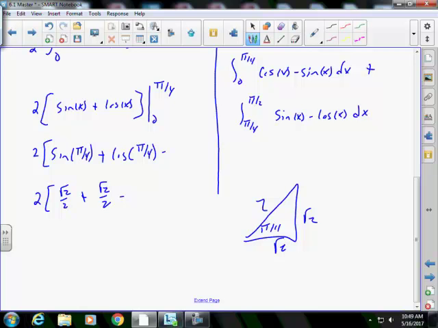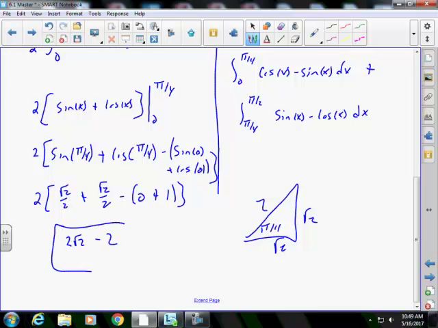From that, I have to subtract sine of 0 plus cosine of 0. Sine of 0, well, that's just 0. And cosine of 0 is a positive 1. So if I distribute, I end up with 2 square root of 2 minus 2. And that's the area for that.